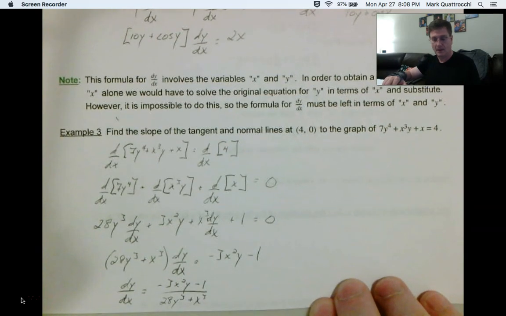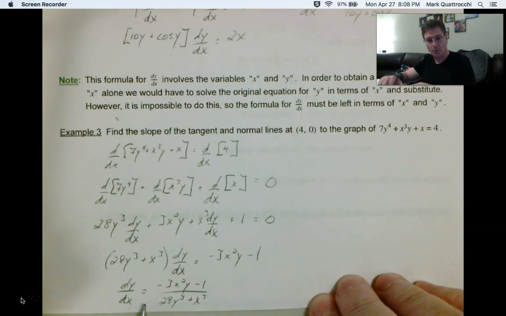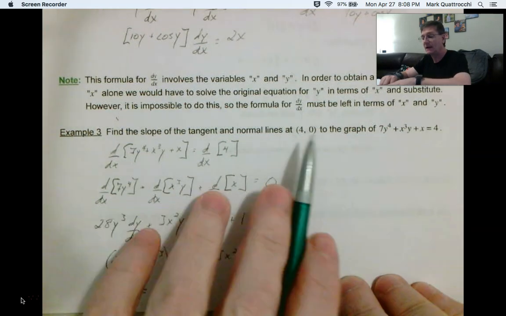Okay, that's the slope anywhere on this curve. I want to find the slope of the tangent at this point.